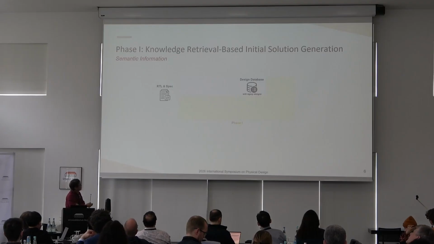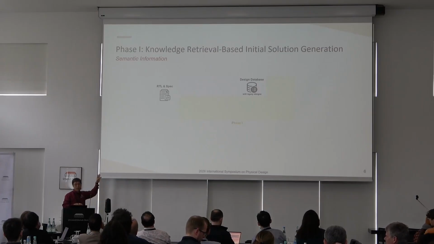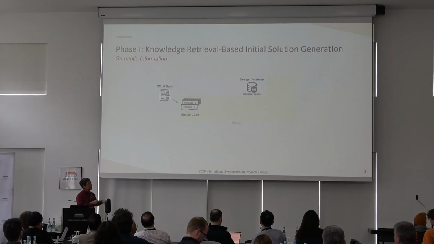The key part is that we keep a design database. That is pretty much like a human being, who has knowledge saved somewhere. This is stored as a JSON file. Given a new design, RTL and the spec, how do we find the initial solution from this database?